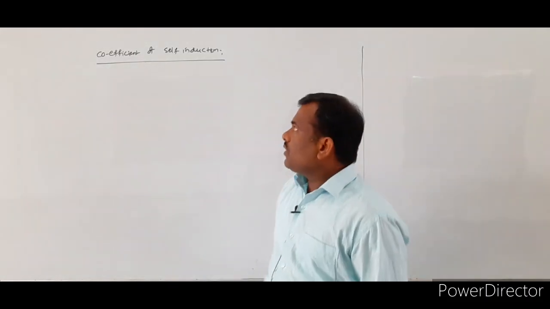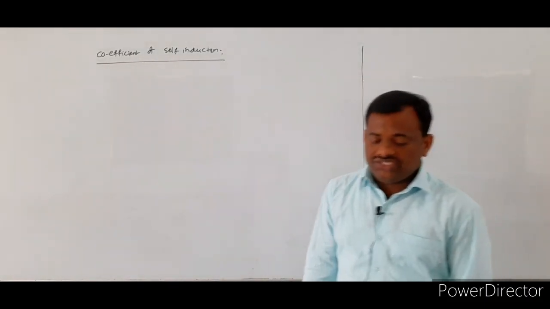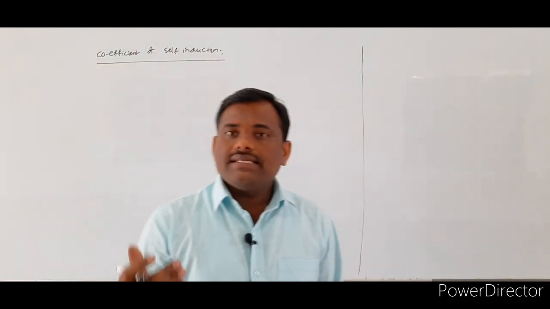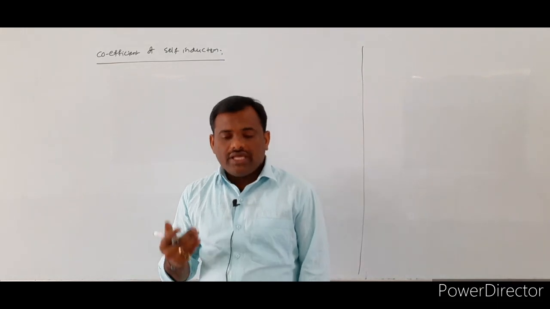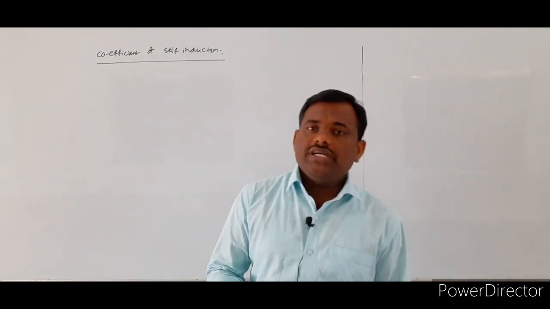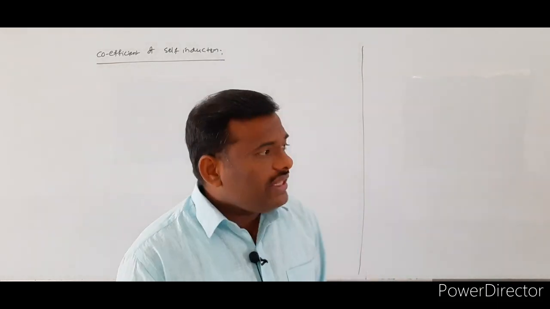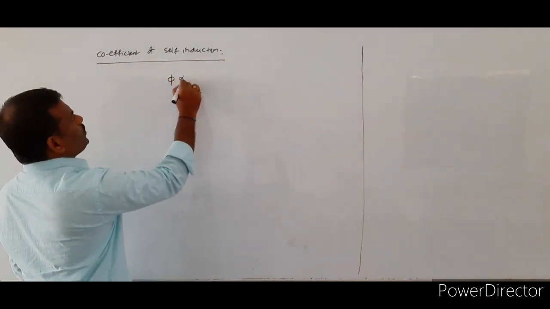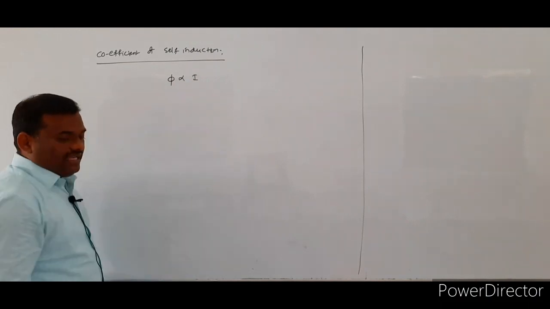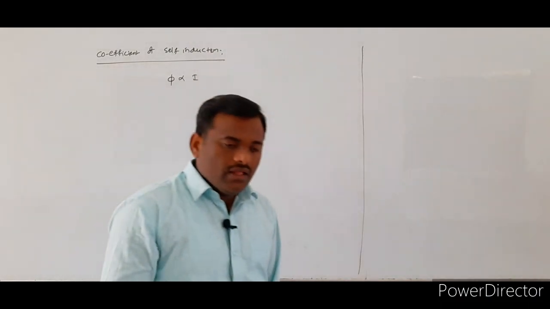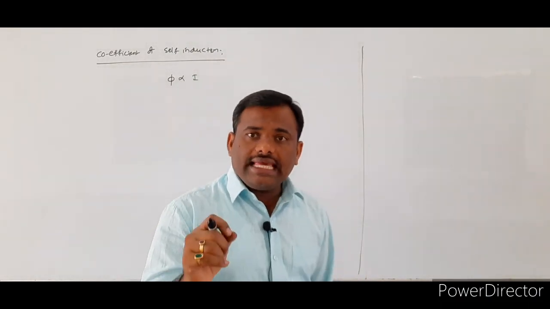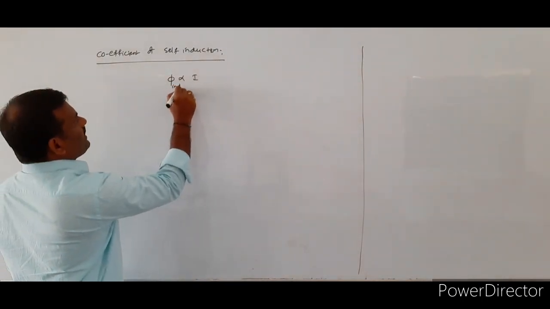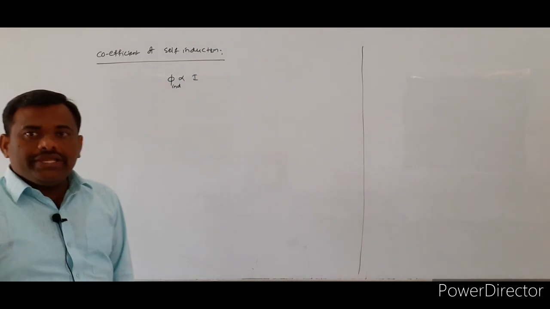The next concept is the coefficient of self-induction. We discussed a similar concept in mutual induction, where you derived the coefficient of mutual induction and wrote one formula: phi is directly proportional to I. What does phi denote? Phi denotes the induced flux.